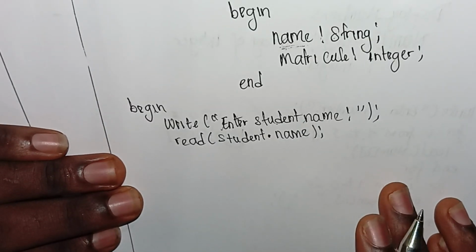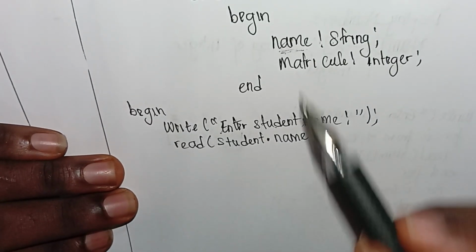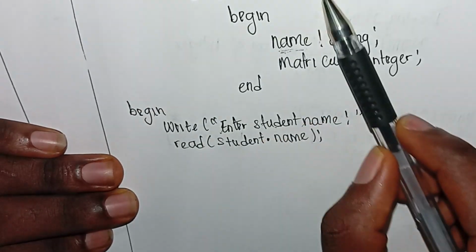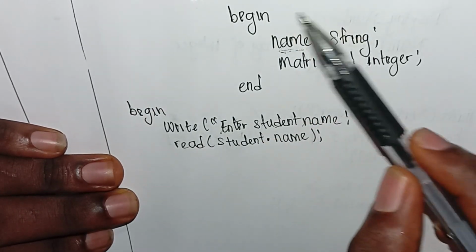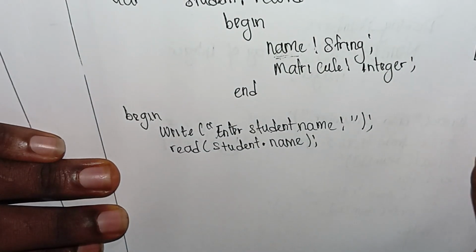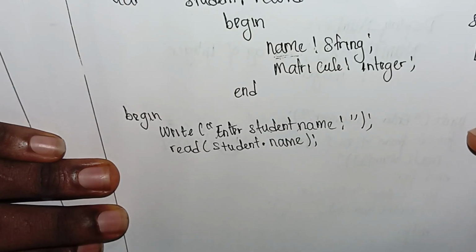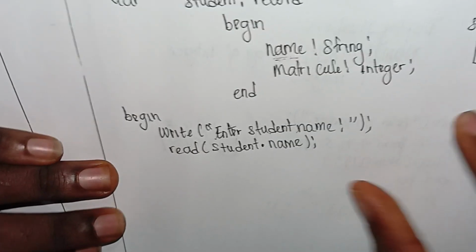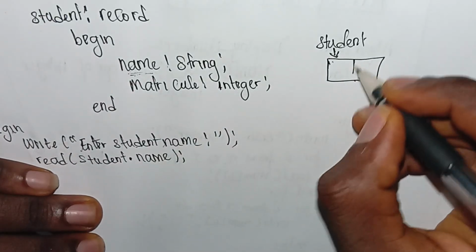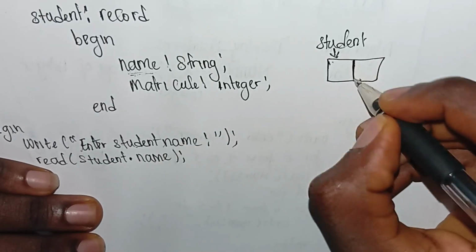In essence, it tells you to go into student, go into the memory location which is student, and inside this memory location the cells are exactly like an array. This is like the memory location called student, and this student is broken into this.